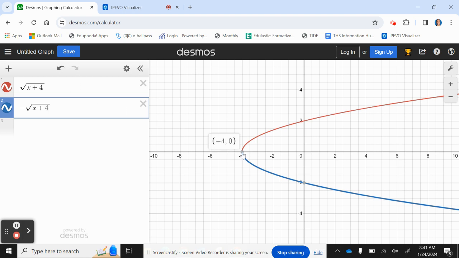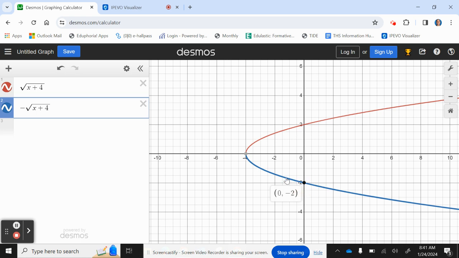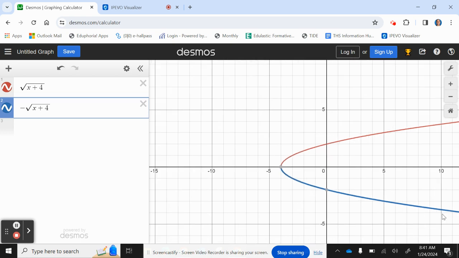All right, so our points, we can use (-4, 0). And that should be enough to get our graph. Let's see if there's another point that we can use. Nope.